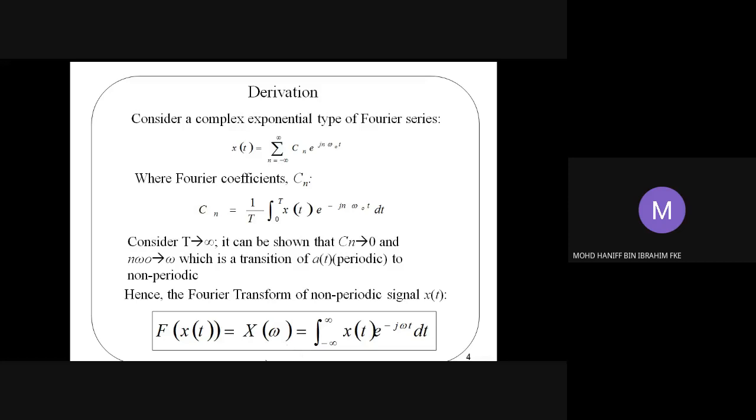And this is given by the integration from negative infinity to positive infinity of x(t) exponential negative j omega t dt.